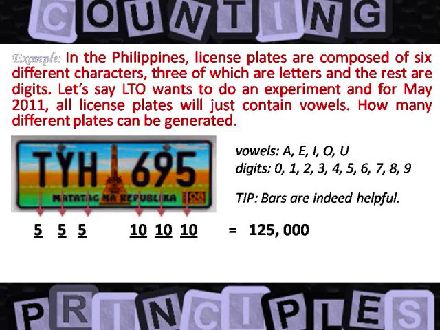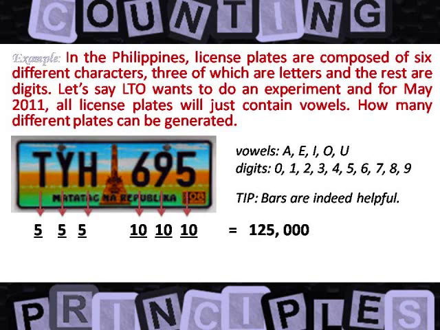Now, let us look at the situation. On the first stage, we have 5 elements to choose from, A to U. For the second stage, we have another 5, and another 5 for the third stage. For the fourth, we have 10 because we have 10 digits all in all.